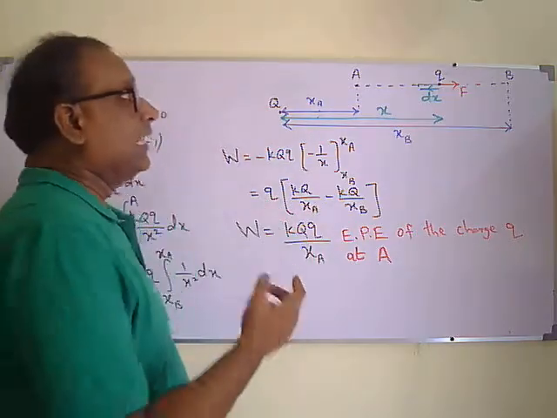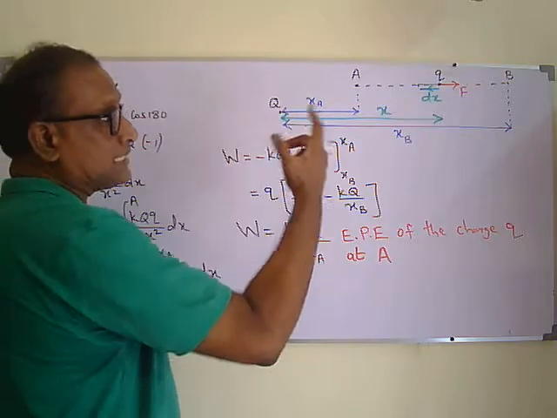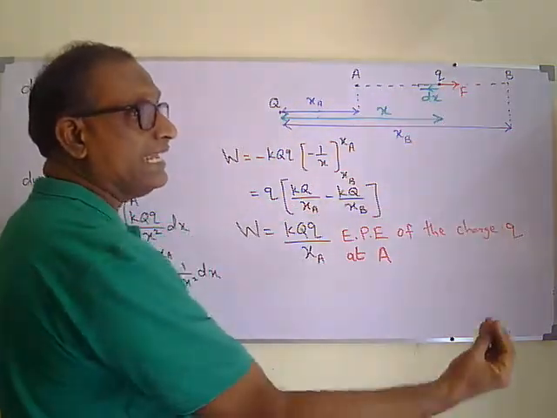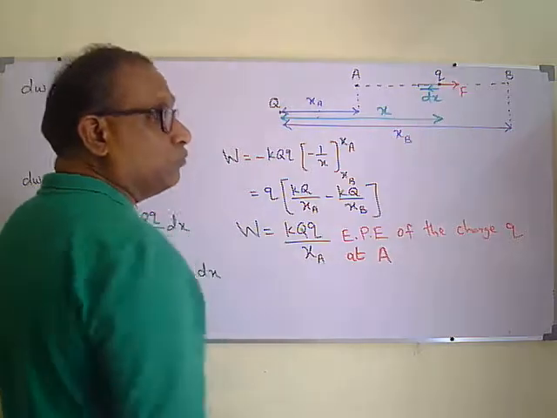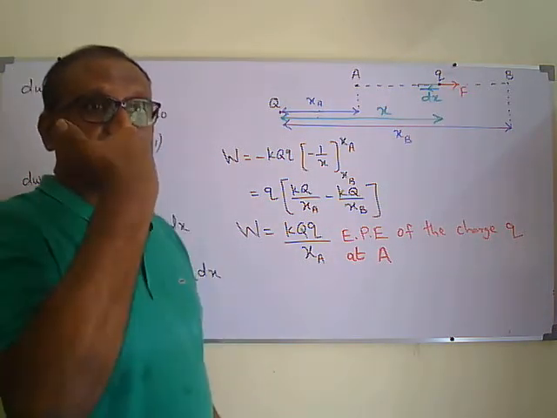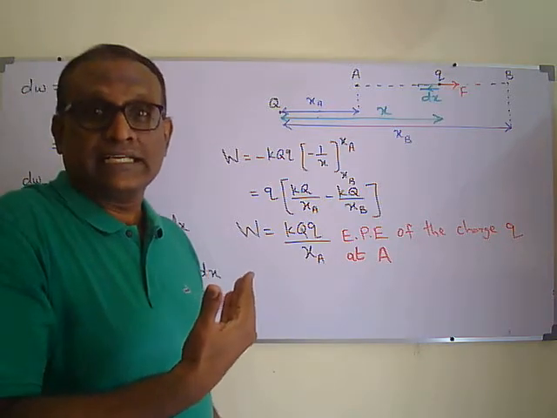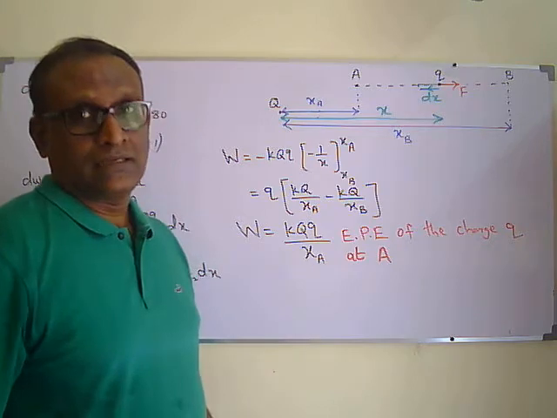What do you mean by electrical potential energy being a negative quantity? It will be attracted by this charge. That means the charge is going to gain kinetic energy when it moves in the electric field. If it gains kinetic energy, what happens? Its electrical potential energy will decrease. Understand?